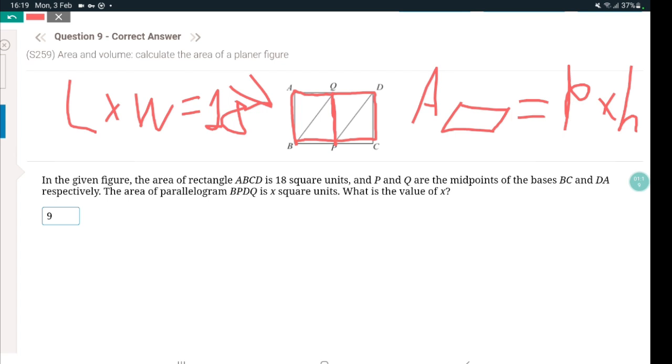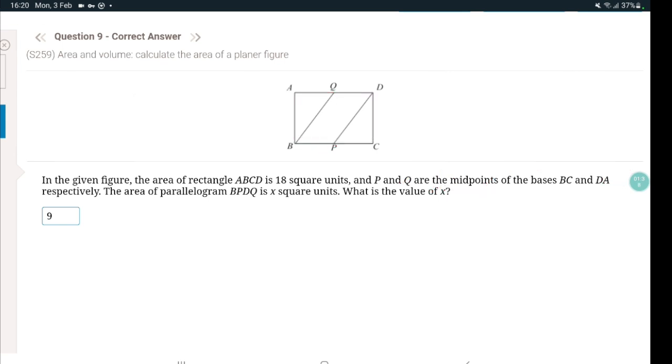So the area of the parallelogram is going to be equal to the same width times the length, which is these two. Let me remove it. So these are the length, or the bases, sorry.